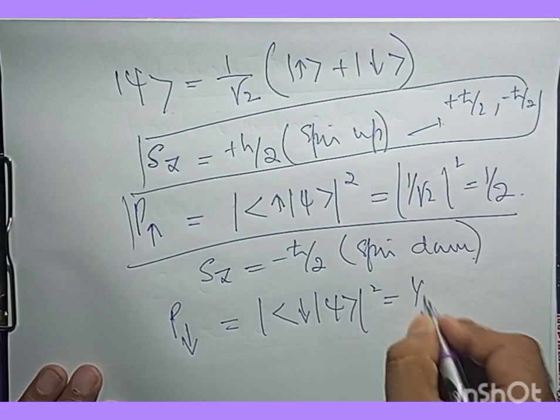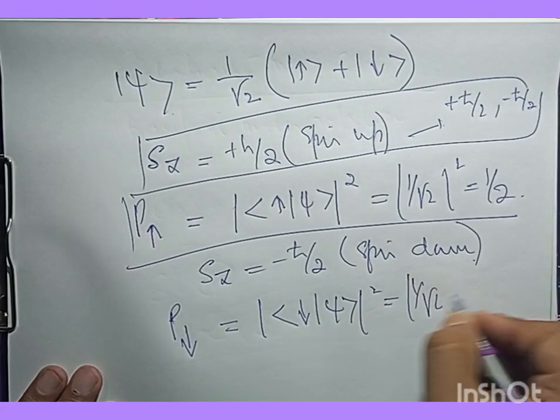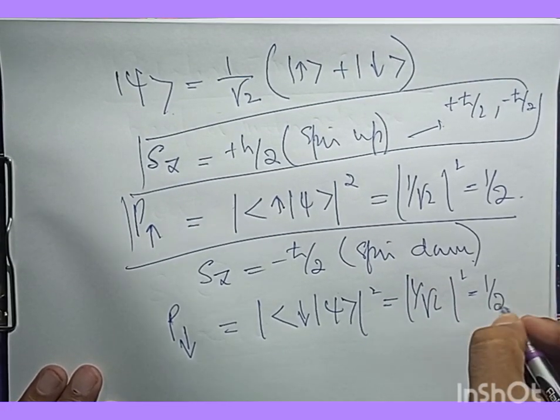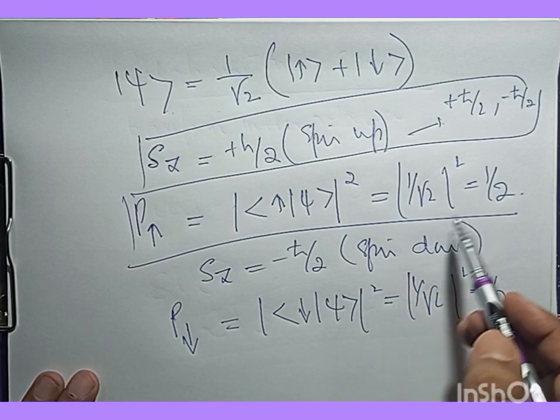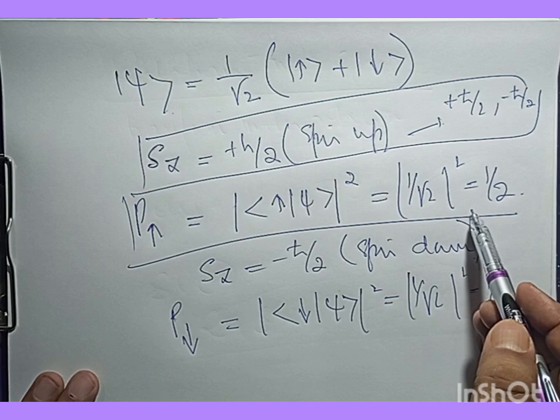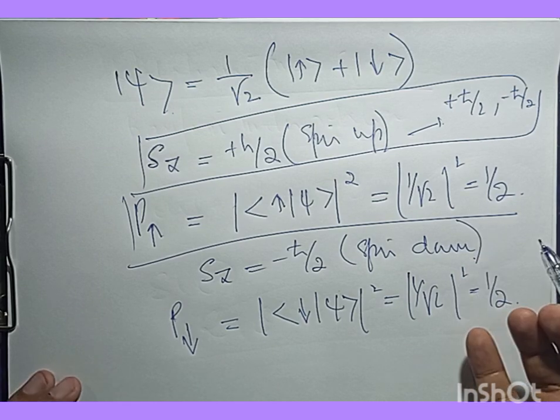So what will that be? That will be 1 by under root 2 whole square, which is 1 by 2. So what we obtain here is as expected: the probabilities of measuring spin up and spin down are both 1 by 2.